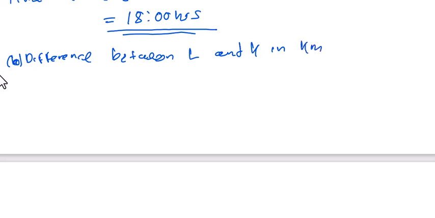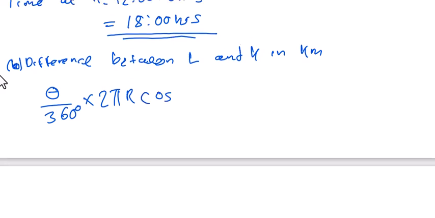Okay, so our formula for distance is pi over 360 degrees multiplied by 2 pi r cos x.